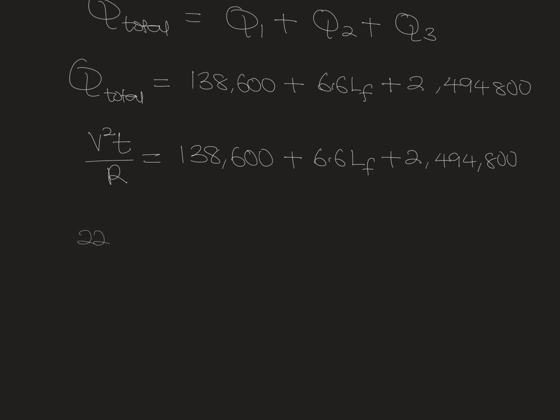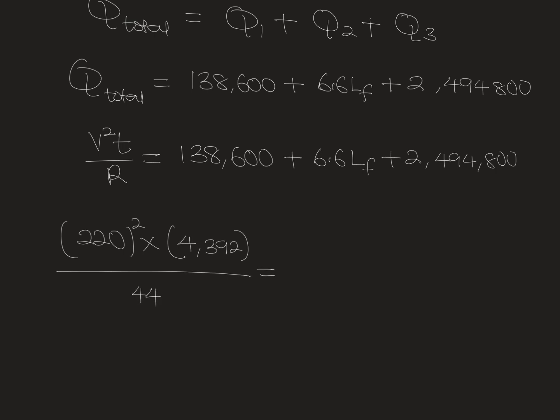Voltage is 220 volts, so it is squared. We have to square that, multiply by the time, which is 73.2 minutes. If you convert that to seconds by multiplying it by 60, you will have 4,392 seconds. So divided by the resistance given in the question, which is 44 ohms.